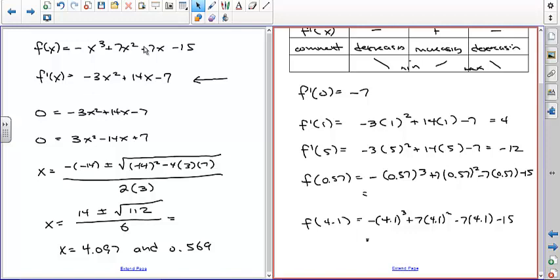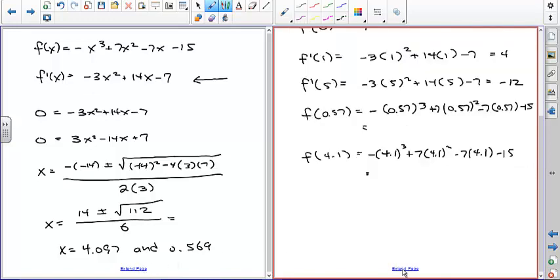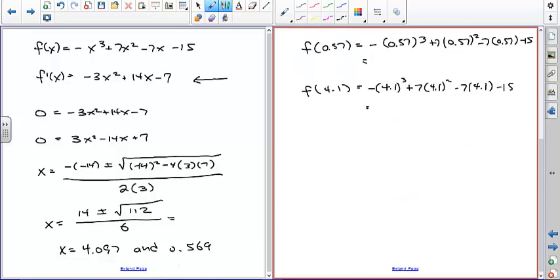And I'll do one of them for you as a demonstration. I'll pick one that I don't think is going to work. Then what you'll do is set up a synthetic division problem.